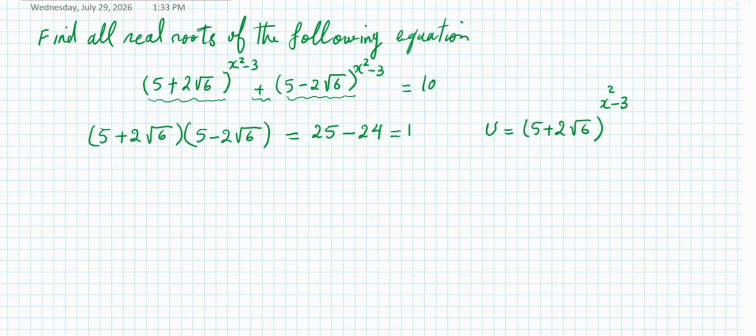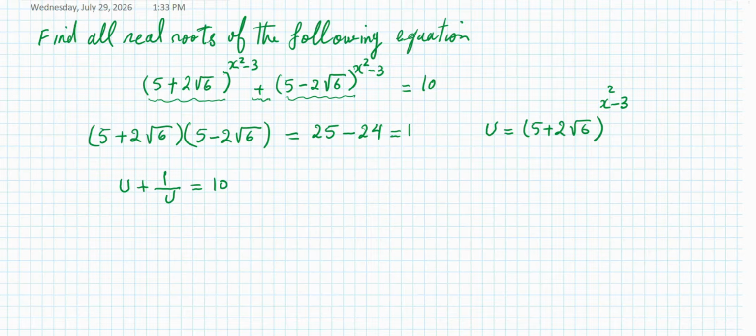And we use this back into our equation. So we have u, and we know that the bases of these two terms are reciprocal of each other, plus 1 over u, equal to 10.